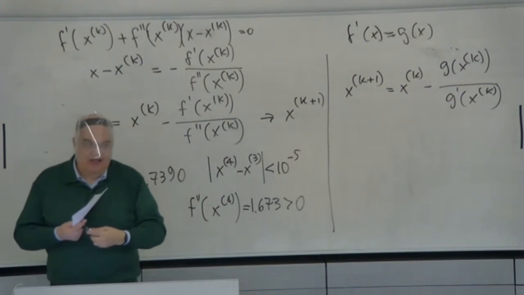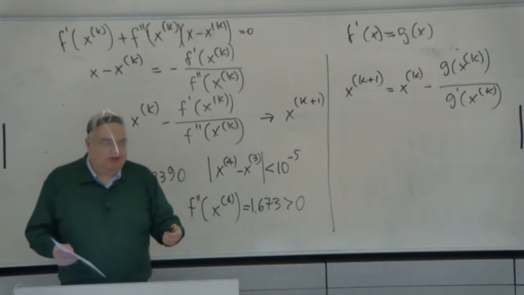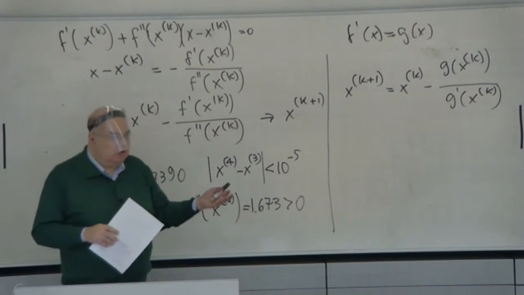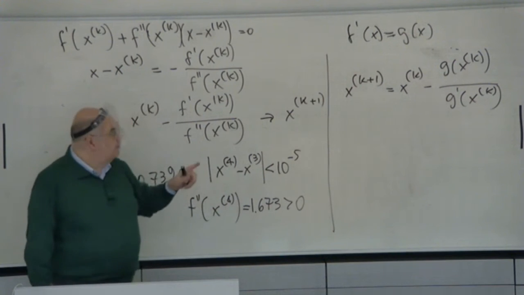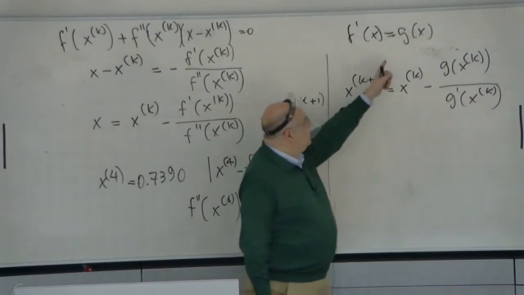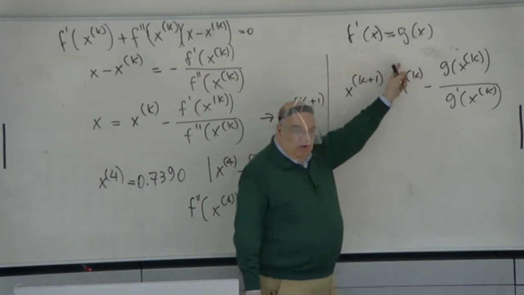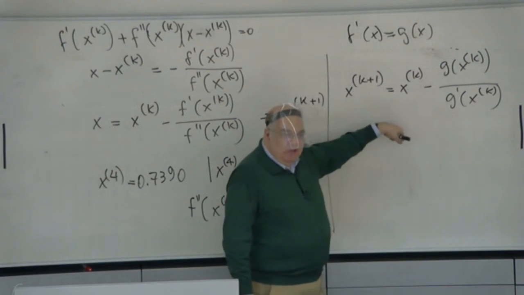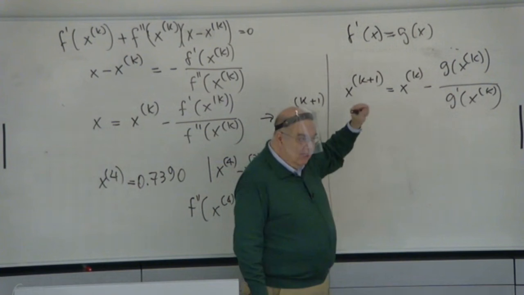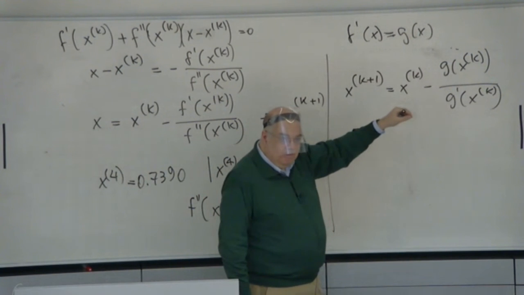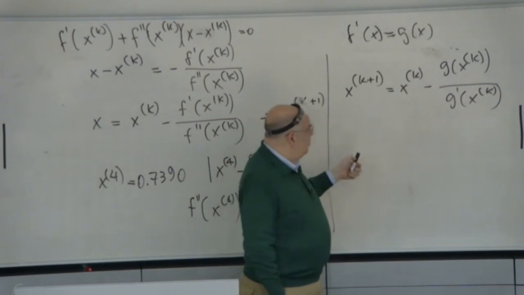And now the method has changed the meaning, because the method is always the same, of course. It searches for the minimizers. But the minimizers are the points where the derivative is 0. So this is not anymore a method for finding minimizers. It's a method for solving equations like g of x equals 0.